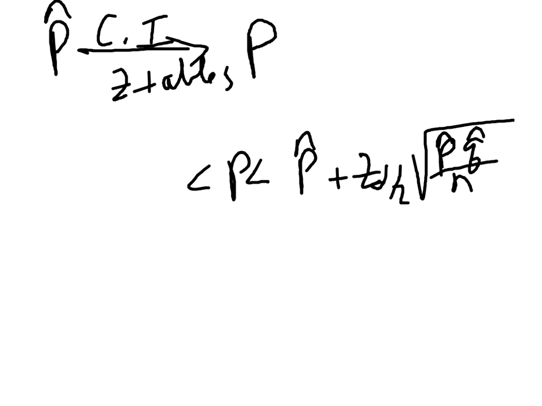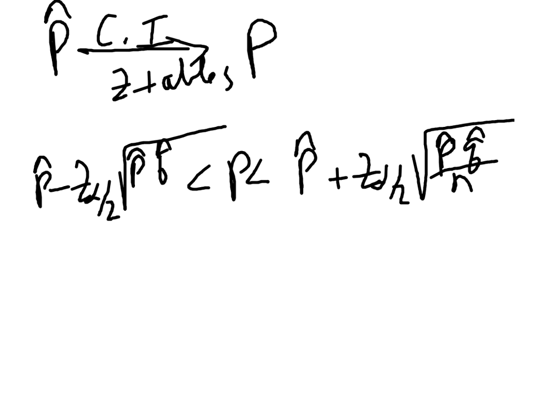Notice that the n must be rooted; that n is inside the square root. On the other side, p hat q hat over n. This little circumflex or caret looking thing is called p hat. It's kind of like a hat.